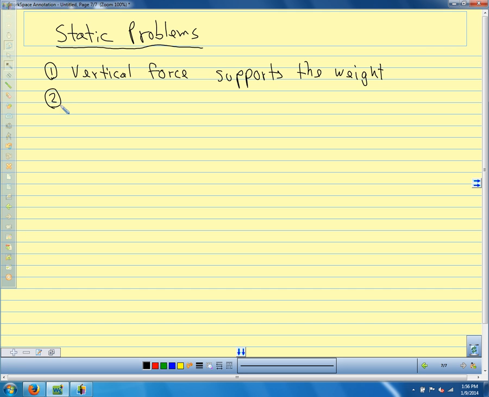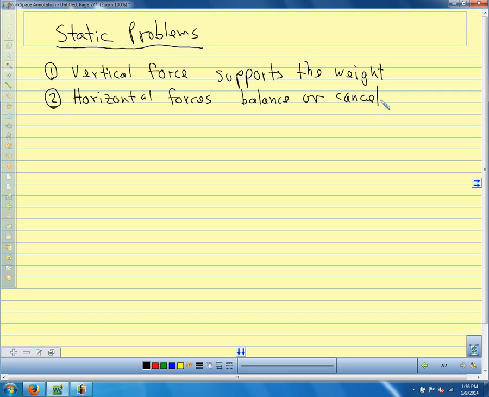They have to be equal. They have to cancel each other out. So the horizontal forces I'm going to say balance or cancel. So whenever you have a static problem, all the vertical forces added together have to support the weight of whatever these things are holding up.